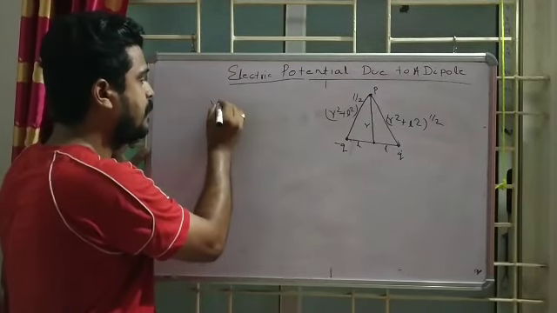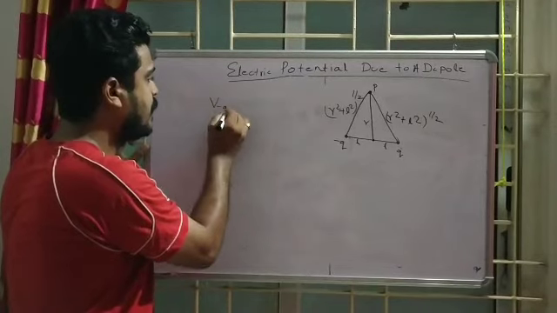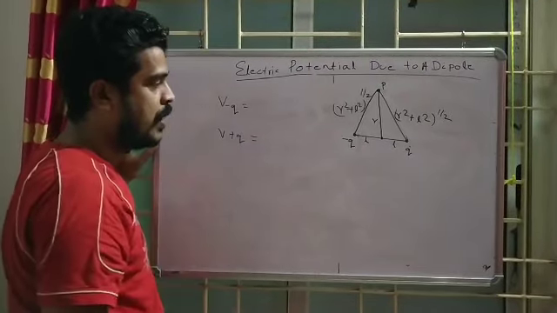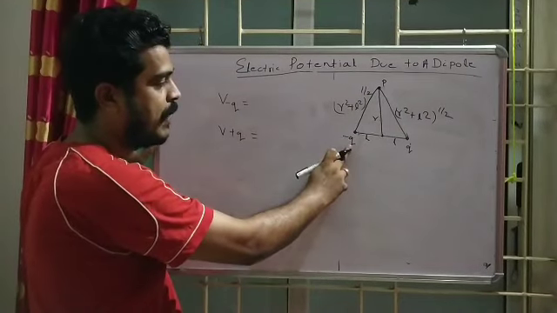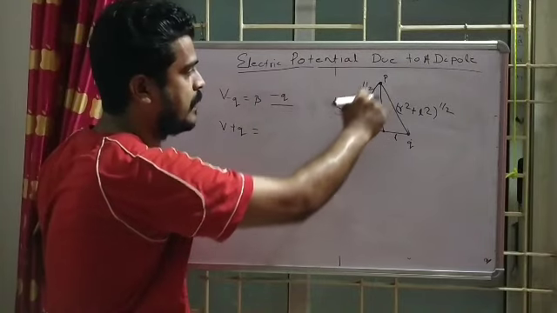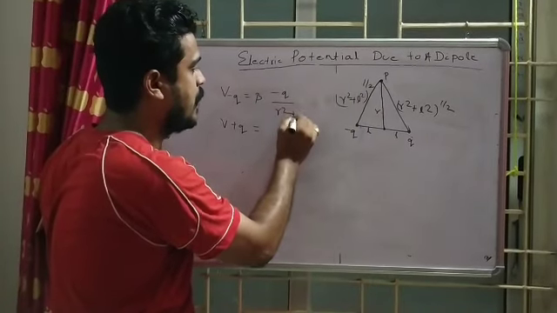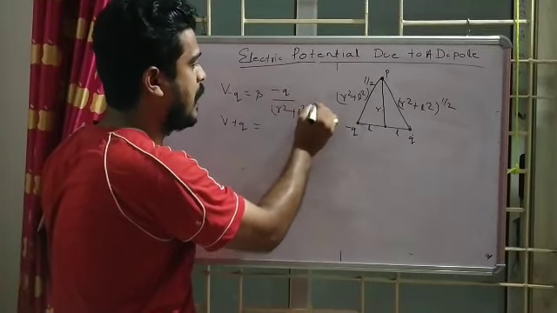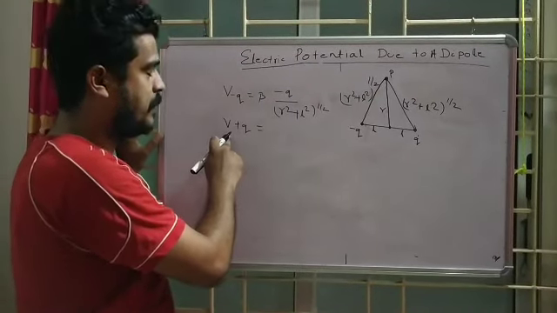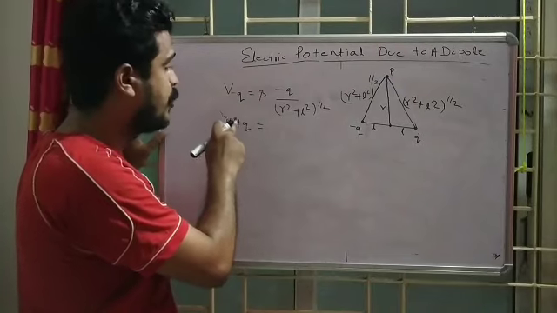Okay, so now again I have to calculate the potential due to minus q and the potential due to plus q, and add these two. The potential due to minus q will be beta times minus q upon this distance, which is nothing but (R square plus L square) to the power half. Again, beta times the potential due to plus q.